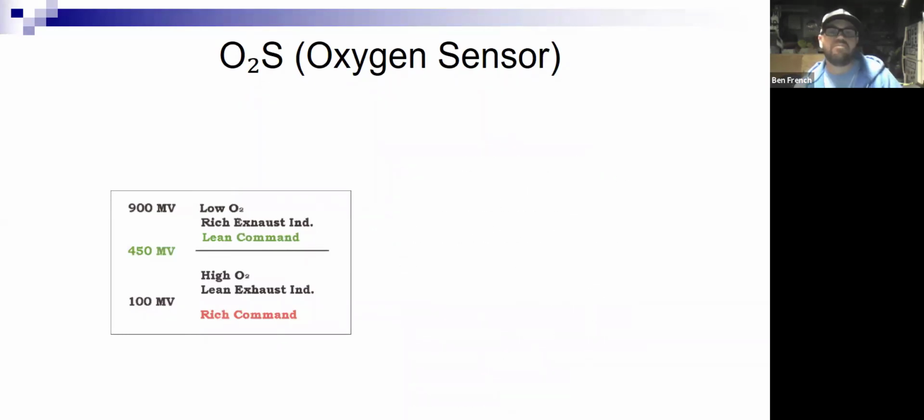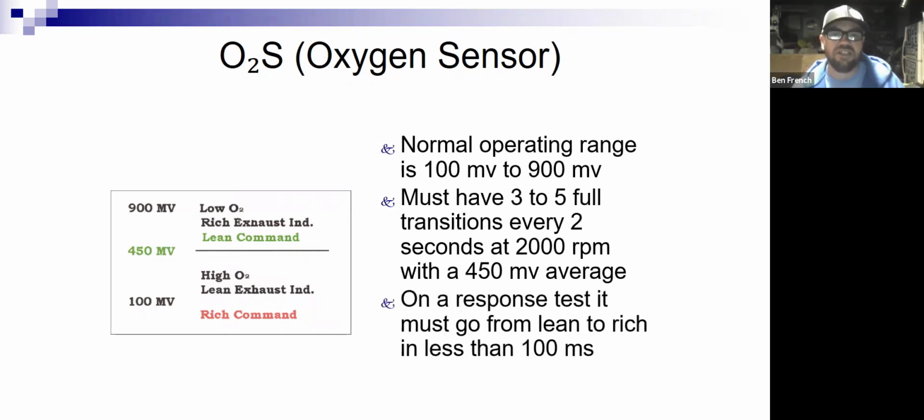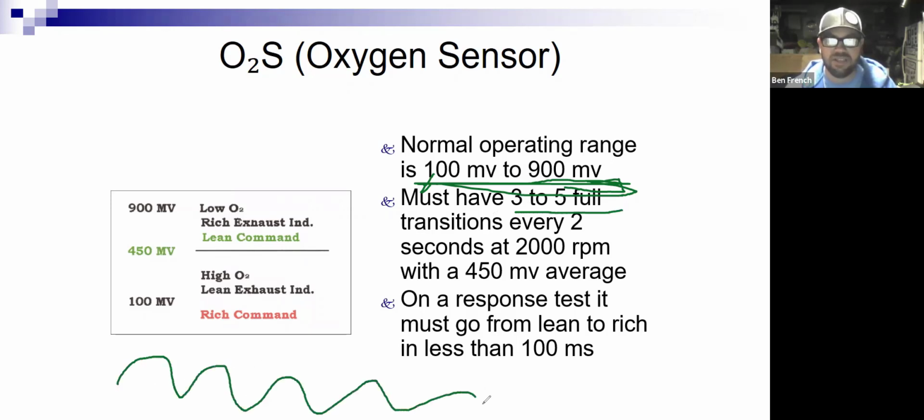And again, the computer's command is always going to be opposite the condition. A normal O2 sensor is going to be switching back and forth somewhere between 100 and 900 millivolts, so a little less than a volt. And it should have 3 to 5 transitions every couple of seconds in the car.